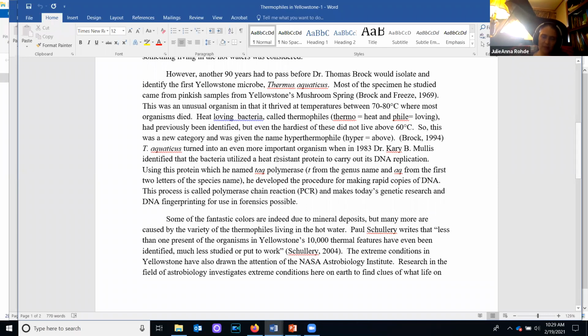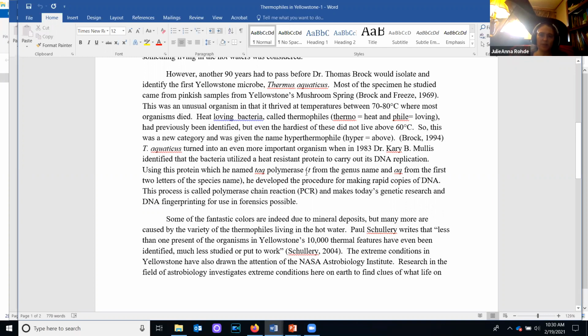What's the enzyme? We got to isolate that enzyme. We got to be able to utilize that enzyme. That took a lot of research and time. So it was a good 13 more years or so before this researcher was able to isolate and identify this protein that was needed. And he named it Taq polymerase, Taq for Thermus aquaticus polymerase.